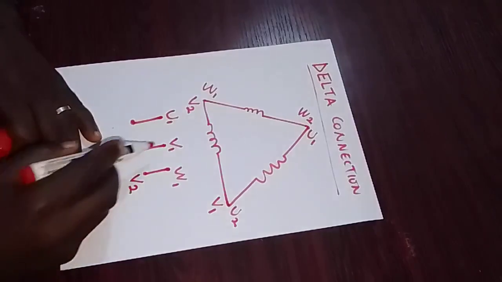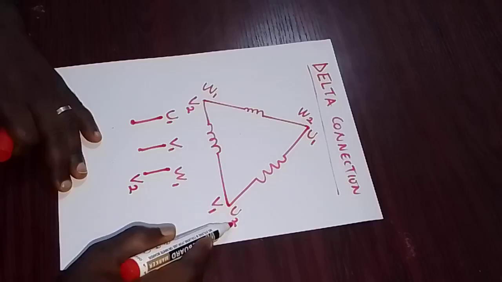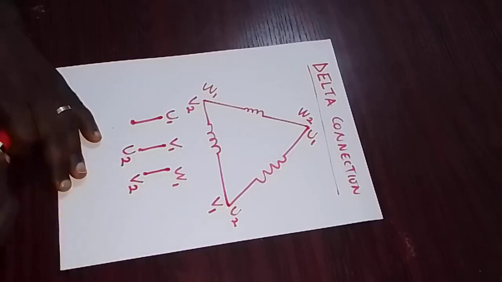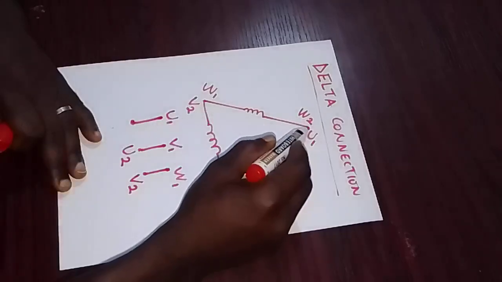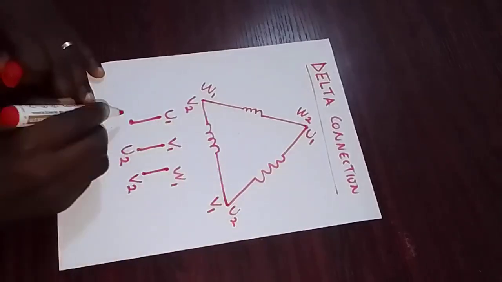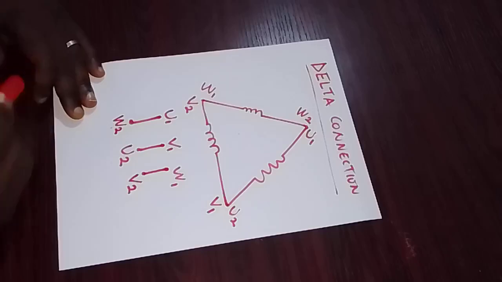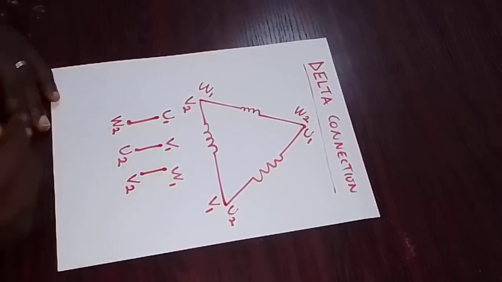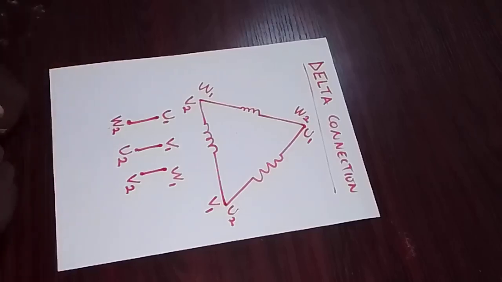If you look at V1, the next terminal connected to it is U2. And if you look at U1, the other terminal connected to it is W2. So you can see how this is depicted in the termination box in the practical section.